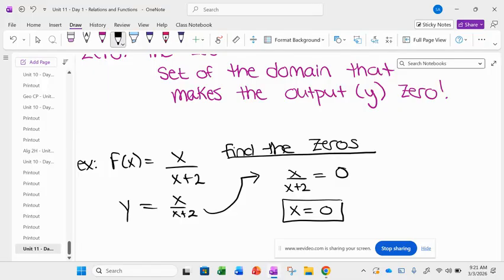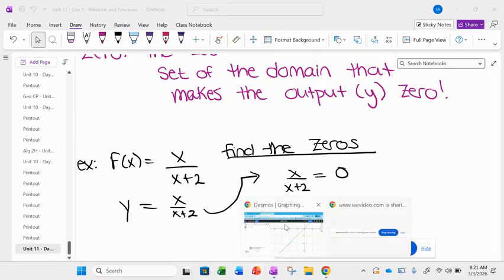We don't want that. That affects the domain. So essentially, all I'm doing is setting the numerator equal to 0. That's really what we're doing, right? Once that numerator is 0, then isn't that outcome going to be 0 because 0 divided by anything is 0 anyway? So let's see. This is saying the graph is going to cross at x equals 0.